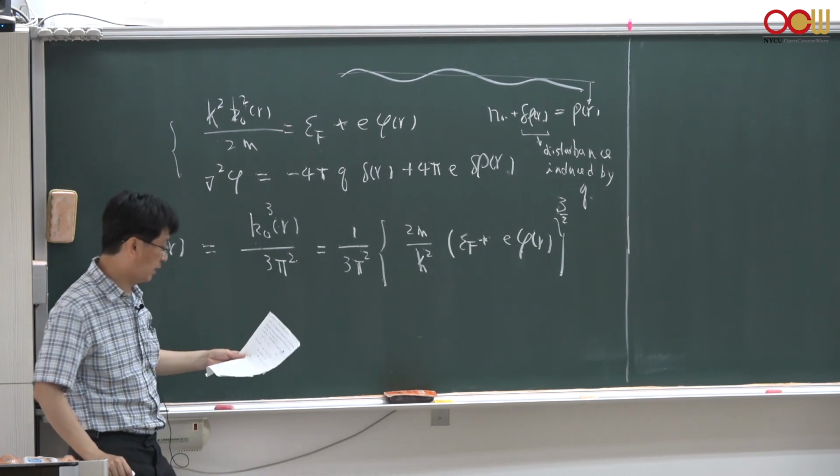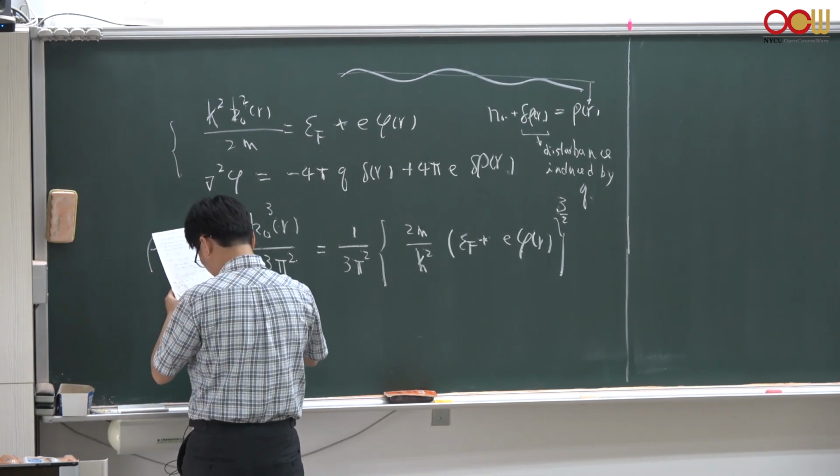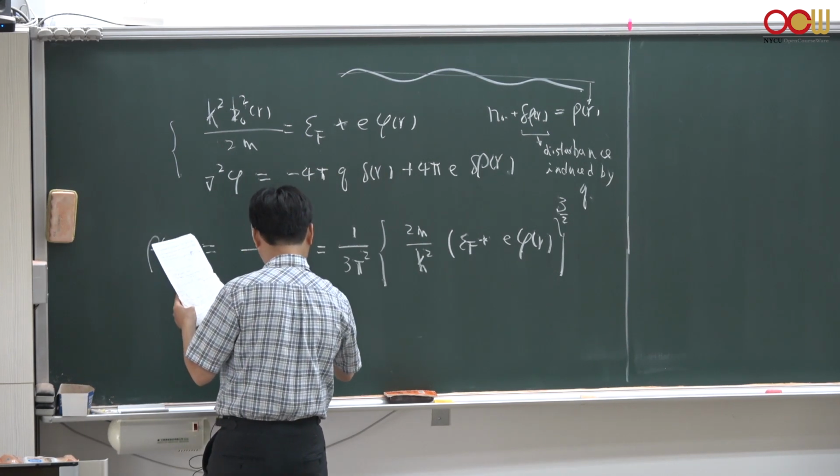But here comes the approximation. This is given by n plus delta rho.